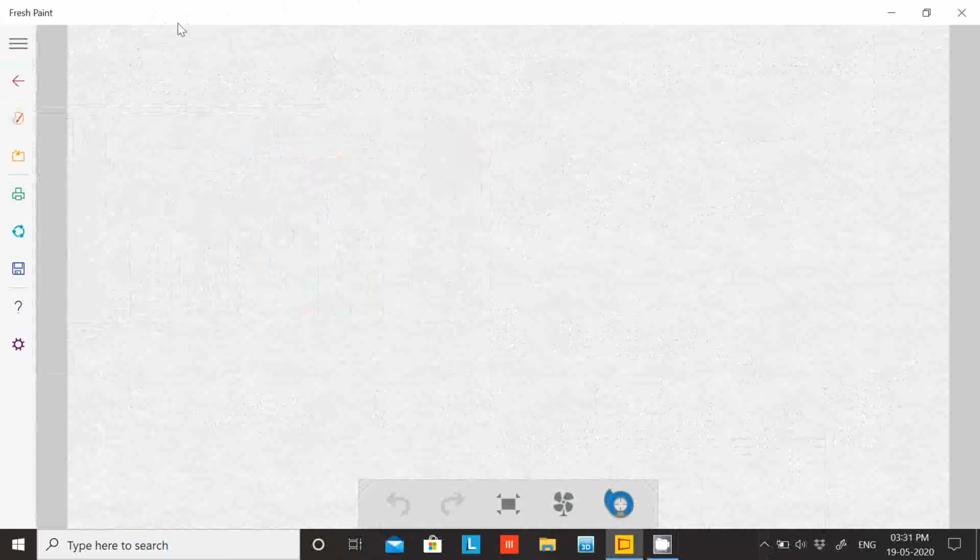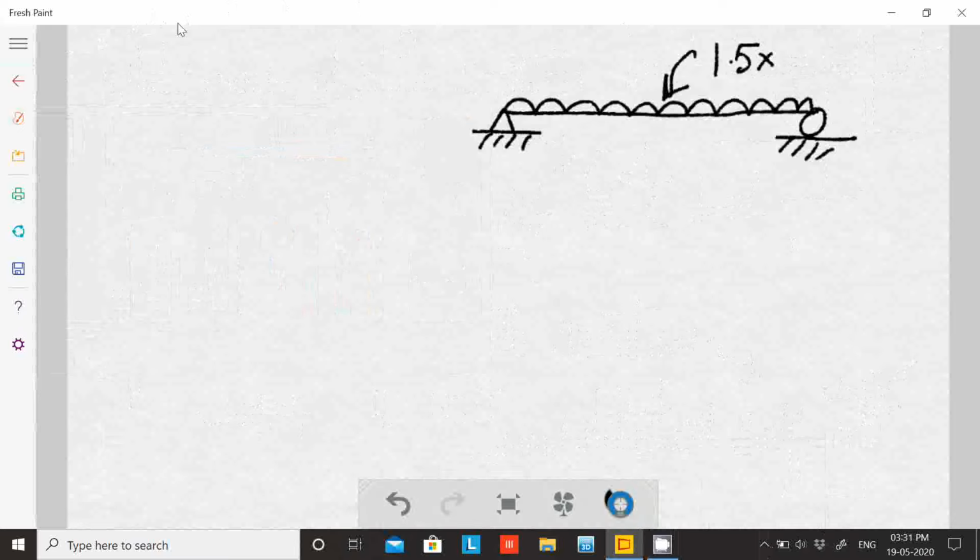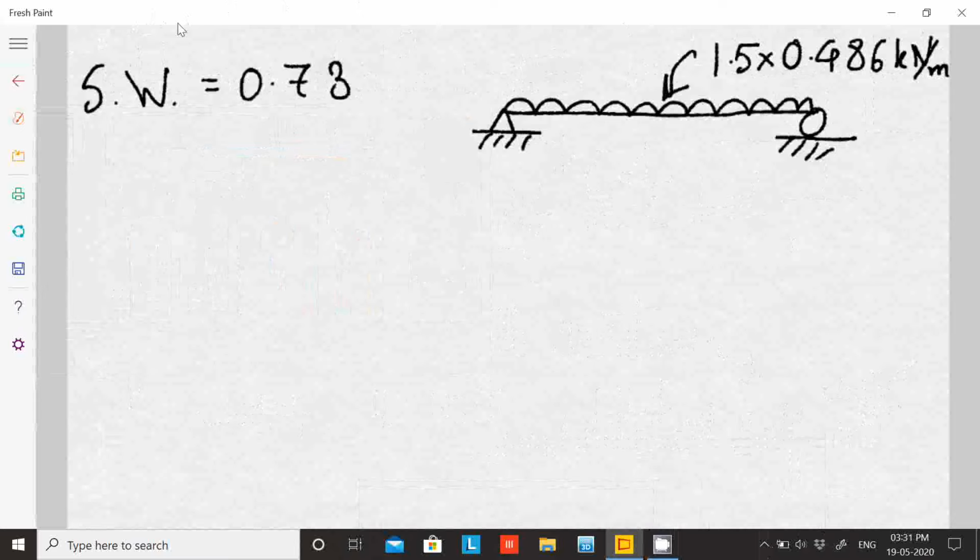What will be the value of the self weight? The self weight was like a UDL, right? This is the beam and this is the UDL, this is the self weight, and we have to also factor it. It is 0.486 kilonewton per meter, so factored, self weight is equal to 0.73 kilonewton per meter.